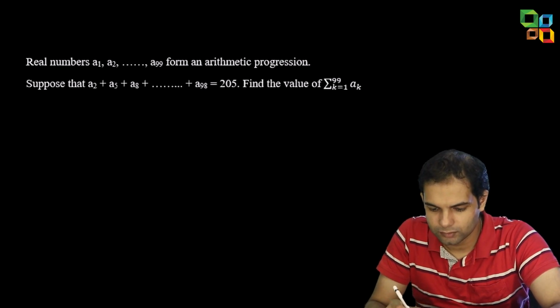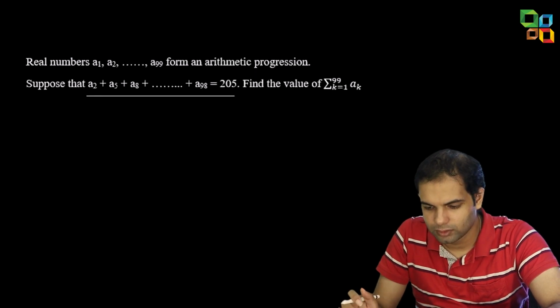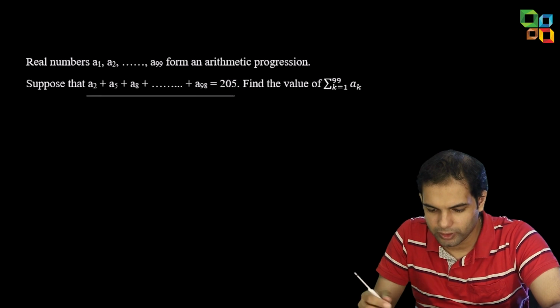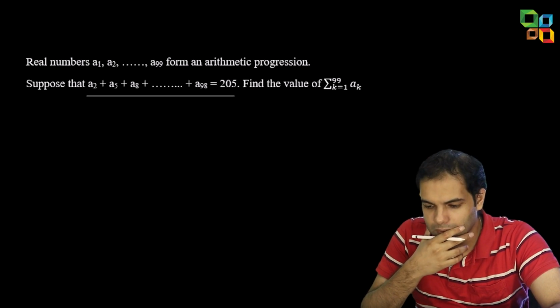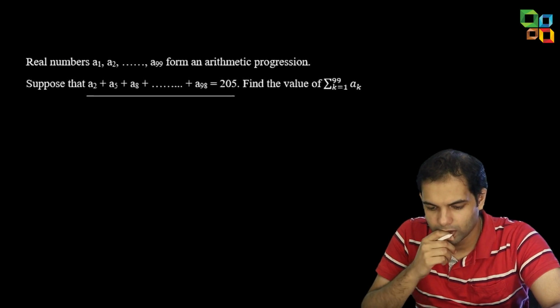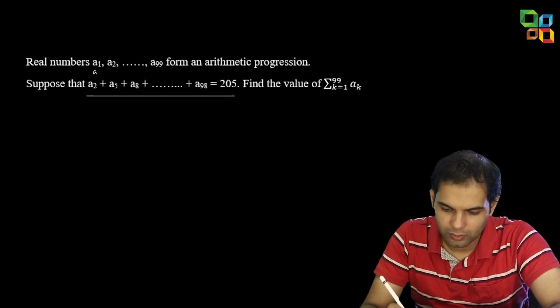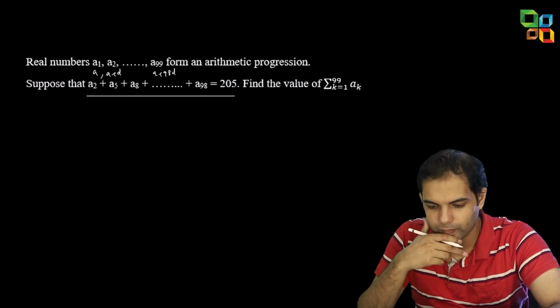It's given a plus a plus a. So how to write it down? I started with A1 as A, and A2 as A plus D, and so on. Up to A98 is A plus 97D.